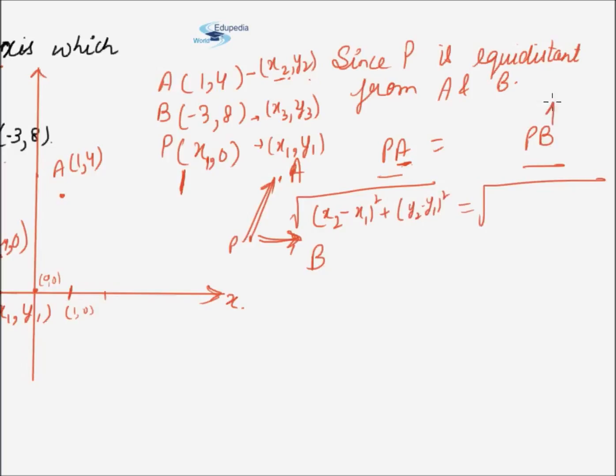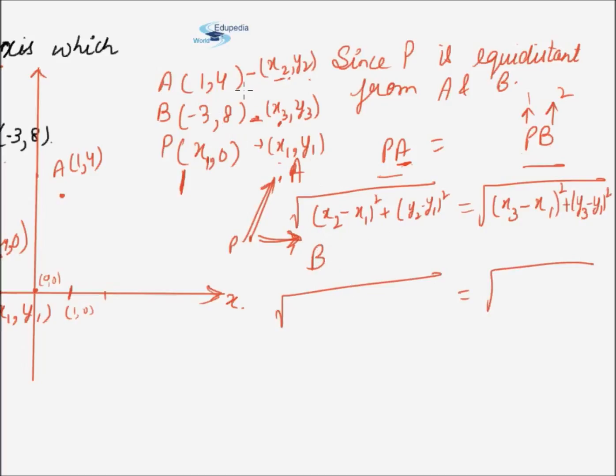Let us take B as the second point and P as the first point, so we will be having x3 minus x1 whole square plus y3 minus y1 whole square. Now substituting the values and simplifying, we will get the required value.